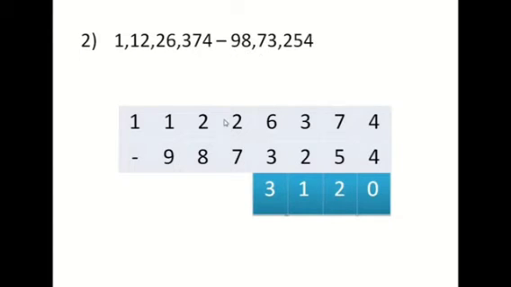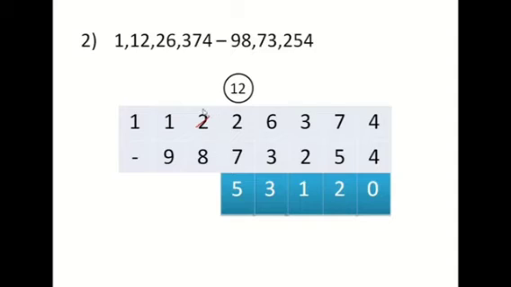No, we have to borrow. So we have to borrow 1 from this 2. If I borrow 1, so this 2 will become how much? 12. So 2 became 12. 12 minus 7? 5. Yes.